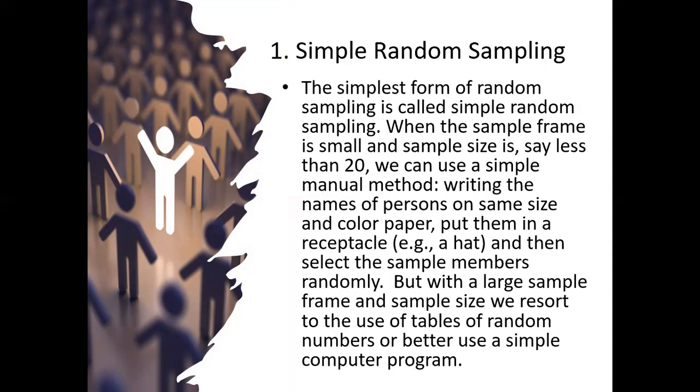This is the most primitive method for simple random sampling. But with a large sample frame and sample size, we resort to the use of tables of random numbers, or better, use a simple computer program. Nowadays, computer programs make this random selection.